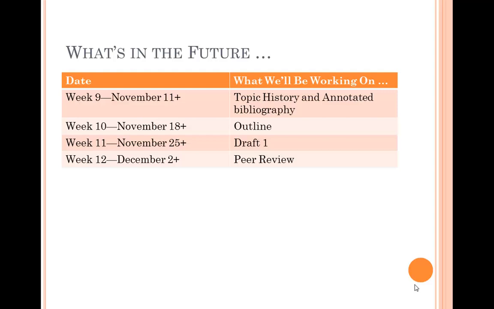Your outline will be due on November 25th. Your first draft of your paper will be due on December 2nd, and your peer review will be due on December 9th. Then a second draft will be due a week after that. So I'll show you a complete timeline on our slides next week.